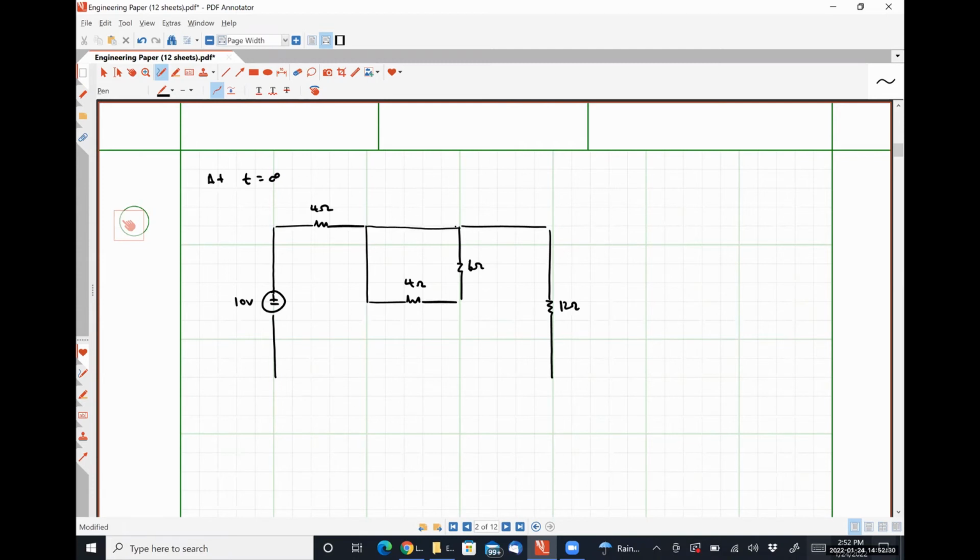Our switch is still closed, so I'll draw that before I forget about it. Here's our 5 amp source. Here's our voltage that we're interested in.